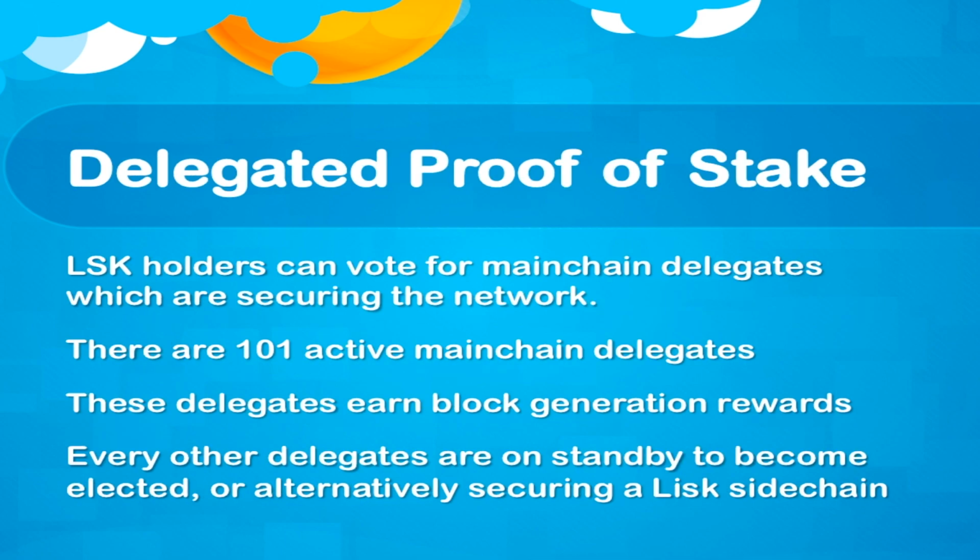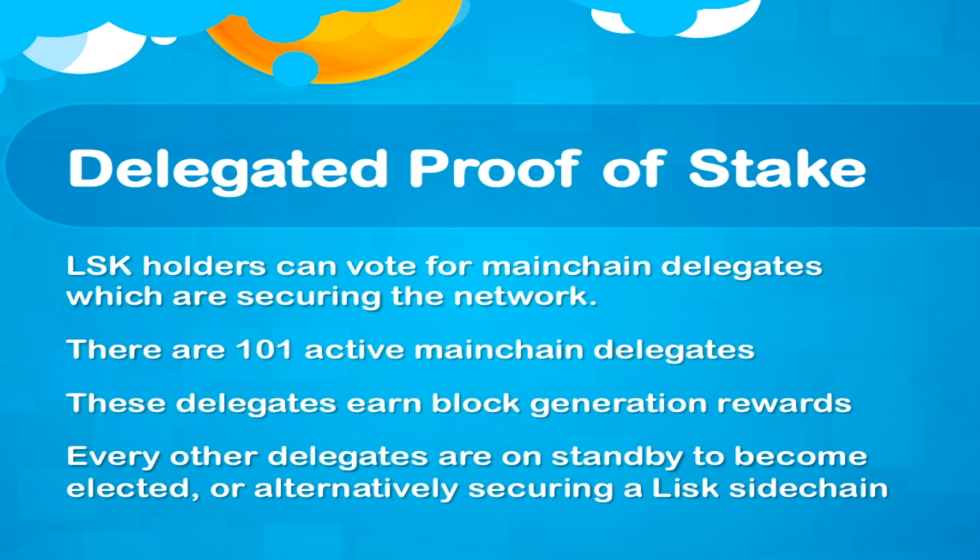So, delegated proof of stake: Lisk holders can vote for main chain delegates, which are securing the network. There are 101 active main chain delegates, and these delegates earn block generation rewards for essentially holding their tokens. Every other delegate is on standby to become elected or alternatively secure a Lisk sidechain.